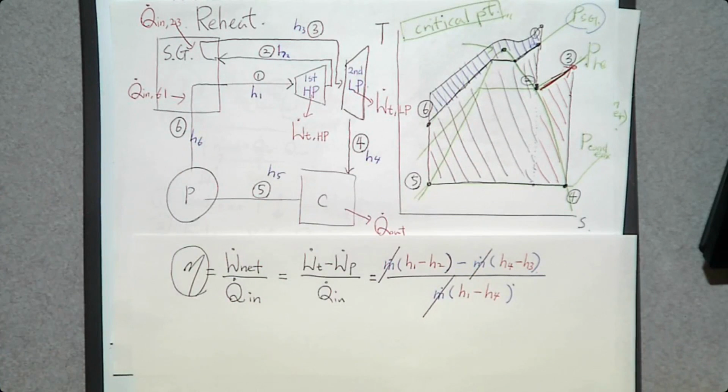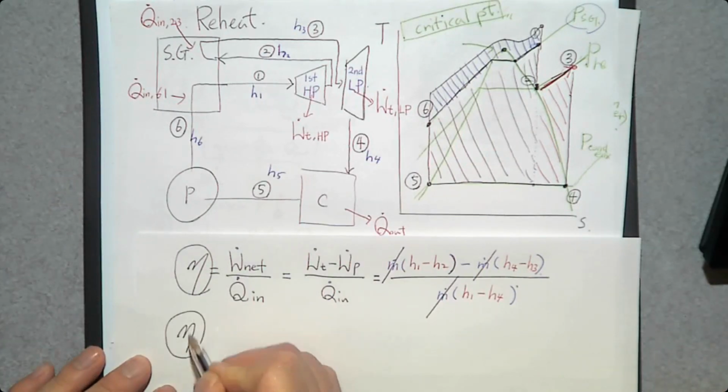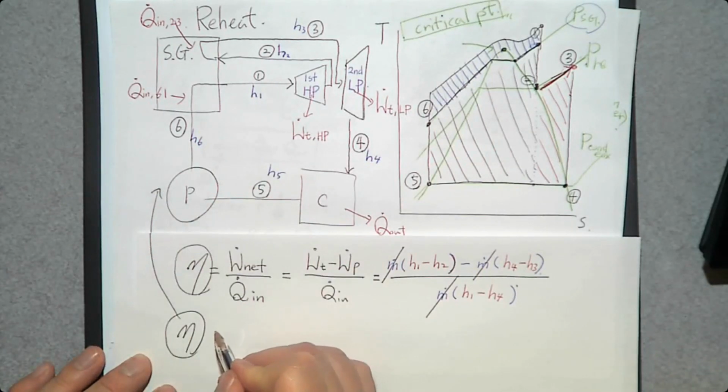So we have 6 different specific enthalpy values. If you know them, we can determine their efficiencies. How? Efficiency of this reheat cycle can be determined by the same rule. The net power produced over the rate of heat transfer going in.